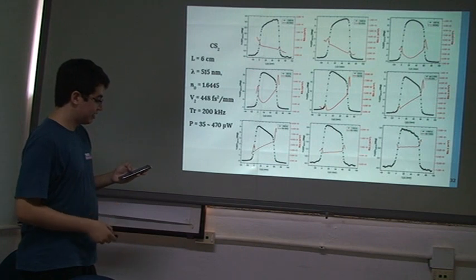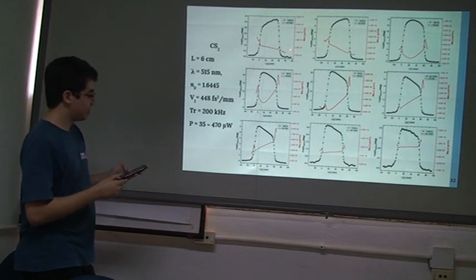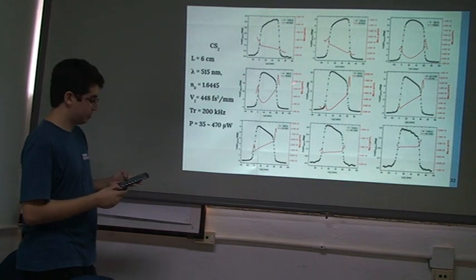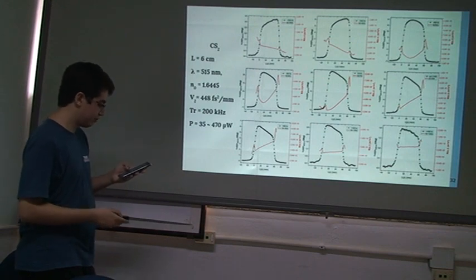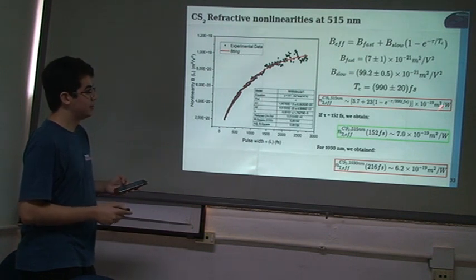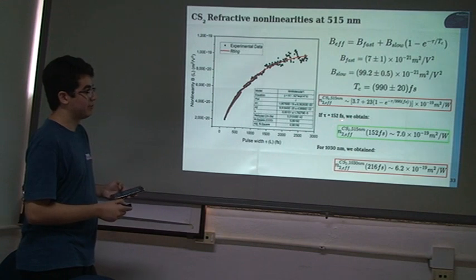So again, we take each curve of the NER signal and the B of tau curve, and we plot this as a function of the pulse width as it propagates. So we do the same fitting, we find these values, and we plug in, for example, 152 femtoseconds in the equation.